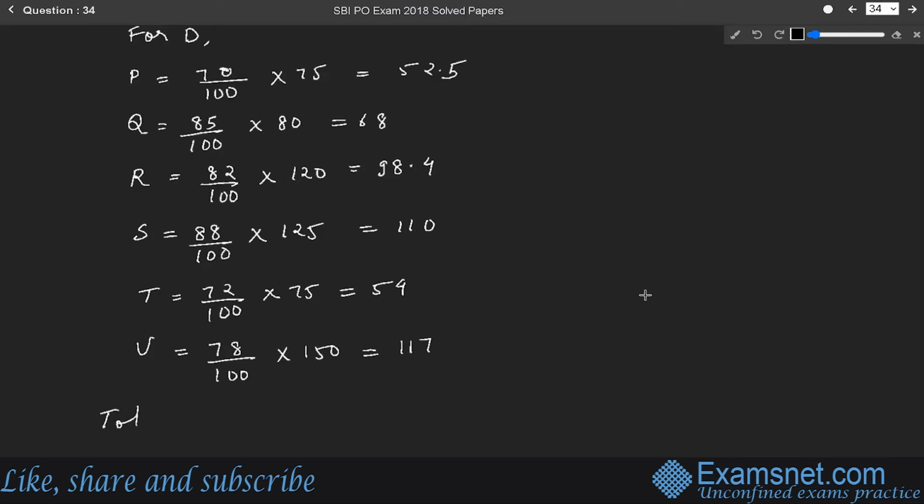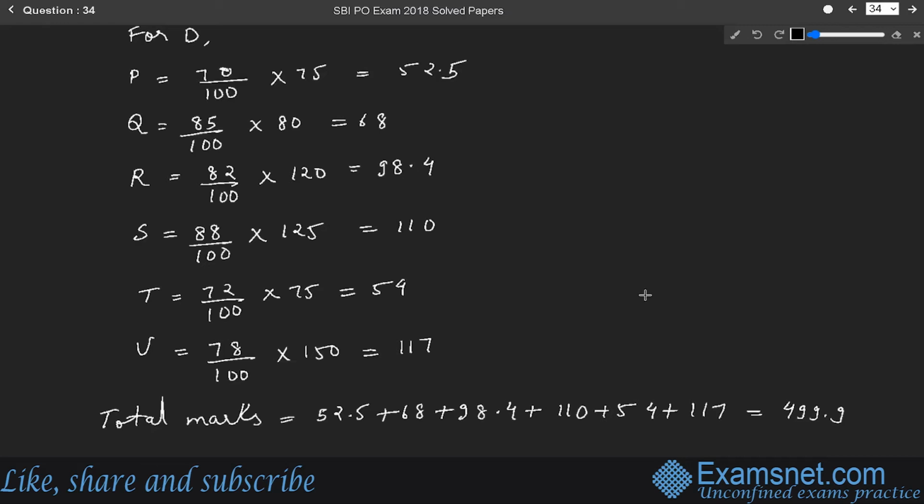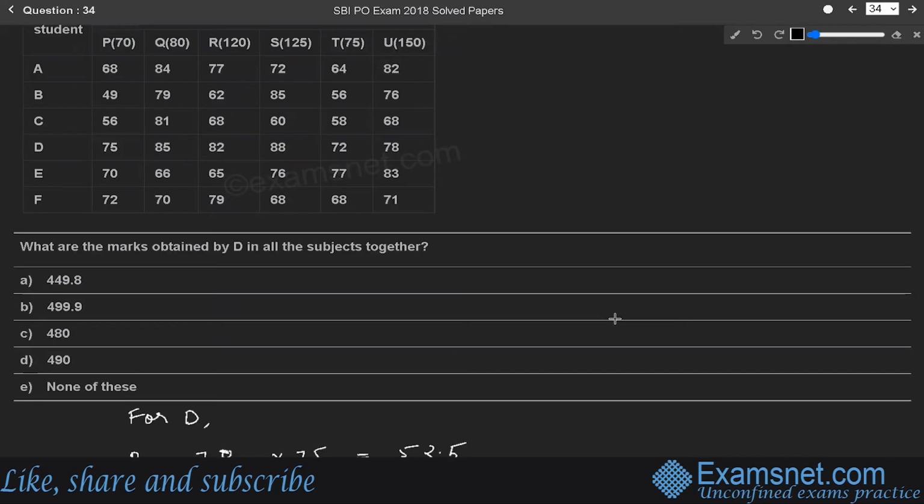We have to calculate the total marks obtained by D. So total marks will be equal to 52.5 plus 68 plus 98.4 plus 110 plus 54 plus 117. So it will be equal to 499.9. Therefore, we can say that the total marks obtained by D in all the subjects are 499.9. Therefore, the correct option is option number B here.